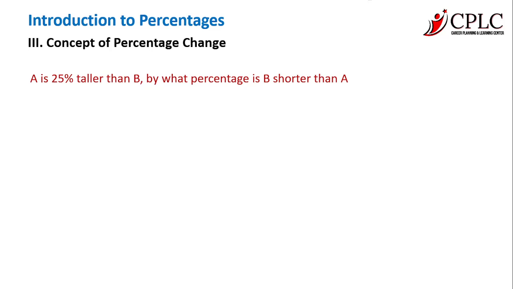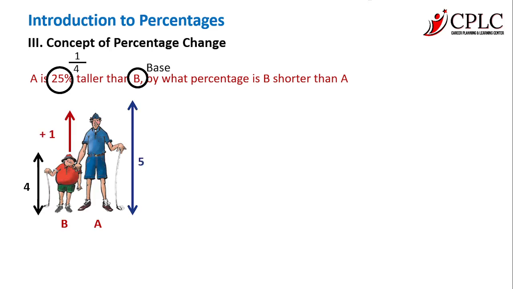So the thing here is, first part of the statement, we'll have to analyze that with method of parts that we have just now done. So 25%, the fraction becomes 1 by 4, and then B is the base value and 4 is in the denominator, so we can say that B is 4 parts, and then A is taller than B by 1 part, and if B is 4, obviously A becomes 1 more than that, which is 5 parts.